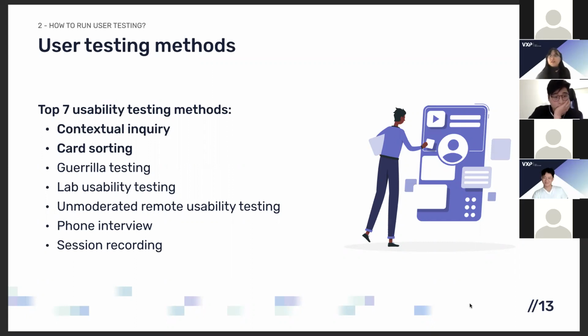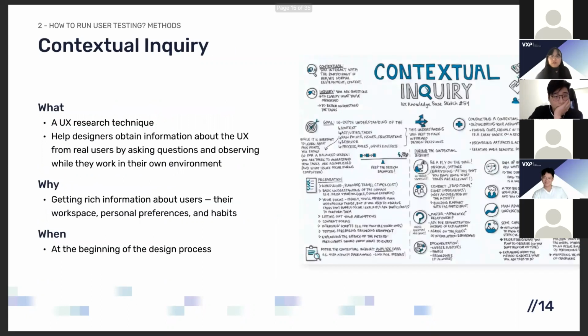and it helps to gather quite an amount of information. So contextual inquiry is a UX research technique that helps a product team obtain information about user experience from a real user. It begins with asking participants a set of questions about their experience with the product and observing while they work in their own environment.